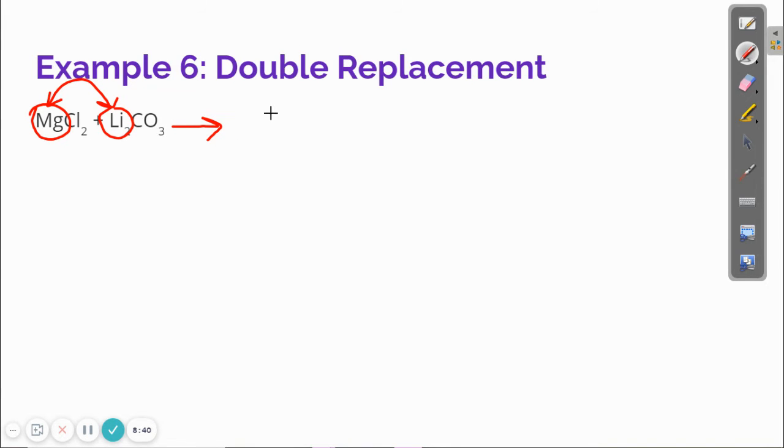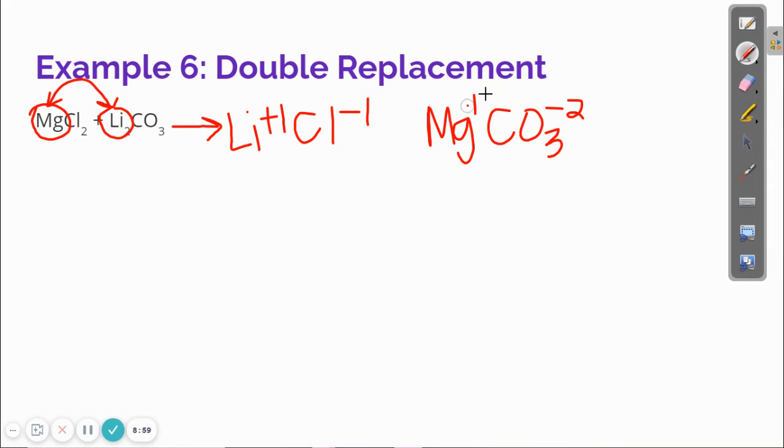So to come up with the answer to this, we're going to leave the Cl and the CO3 part by themselves. Carbonate has a -2, so I'm going to go ahead and write that in, and chlorine has a -1. And this first one is now with lithium. Lithium is a +1. And magnesium comes over here, and magnesium is a +2.